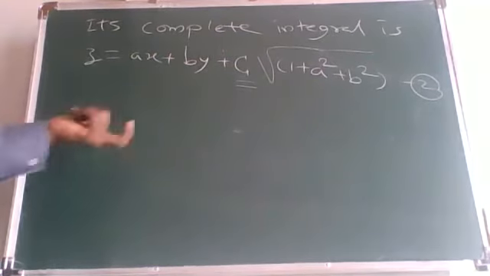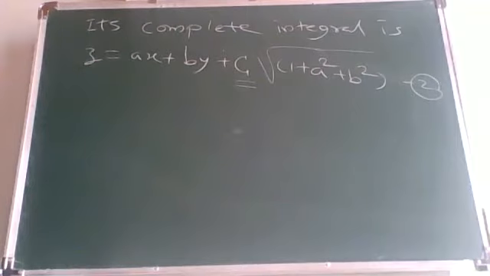But equation 2 represents the equation of a plane. We know the standard equation of a plane is first degree in x, y, z, that is ax plus by plus cz plus d equal to 0, where at least one of a, b, c is not equal to 0.